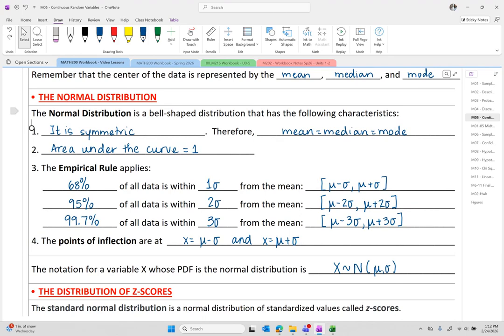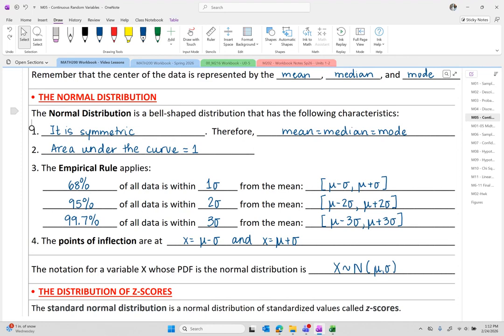It says that 68% of the data will be within 1 standard deviation from the mean, 95% within 2 standard deviations, and 99.7% within 3 standard deviations from the mean. These intervals have the mean in the center, and then I go left 1, 2, or 3 standard deviations, and right 1, 2, or 3 standard deviations.